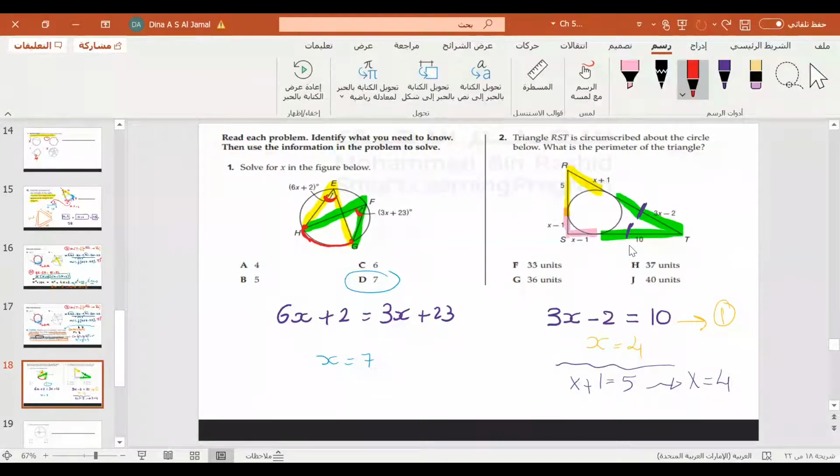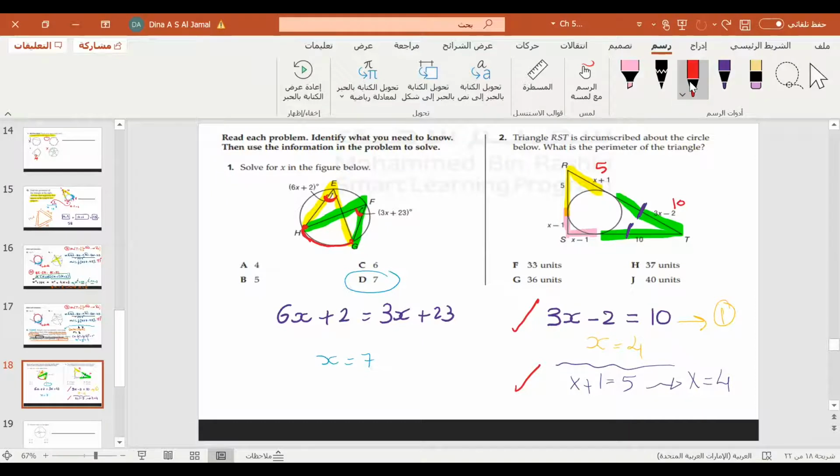So you can just cancel this and put it as 10, and cancel this and put it as 5. They just gave you these two to get x, so you can solve this question. You can just imagine that he didn't give you these. You just use them to get x. Now, after getting x, substitute here.